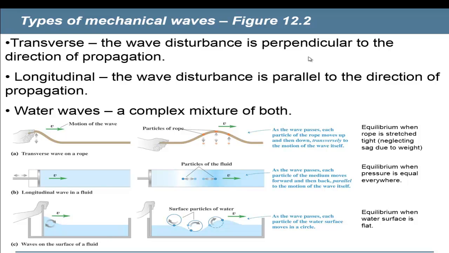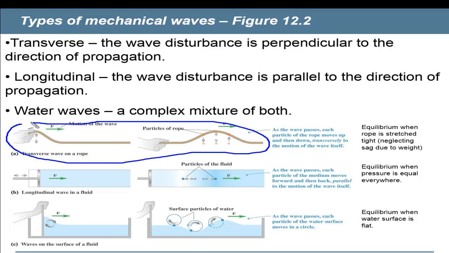Okay, let's look at the types of waves that we're going to talk about throughout this chapter now. So first off, we have some transverse waves. Transverse waves are waves that we see in this first one, the waves on a rope right here.